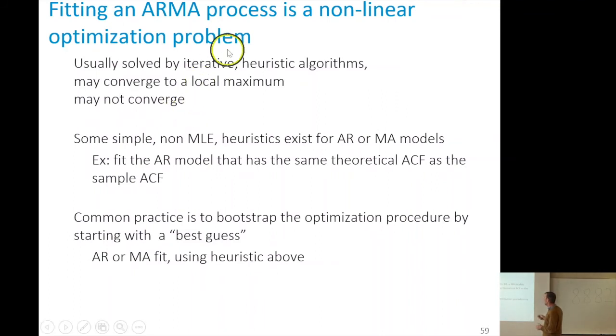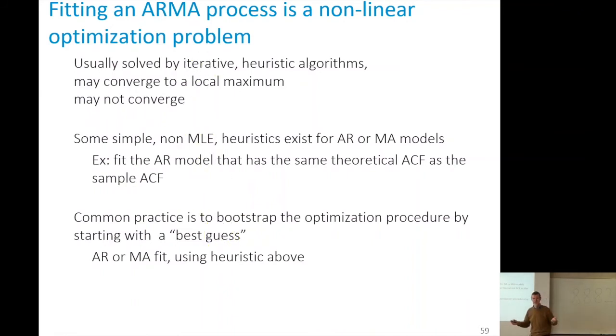For MATLAB or Python to solve the maximum likelihood of an ARMA process, we typically use an iterative gradient descent algorithm, improved by some other heuristics. But the key thing to know is that any non-convex optimizer needs a best guess.